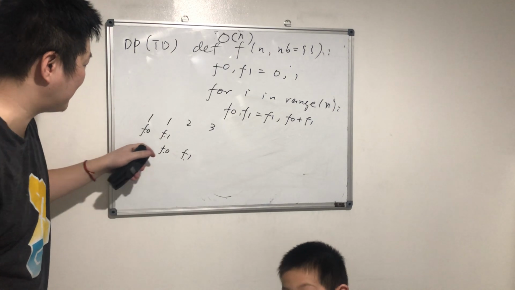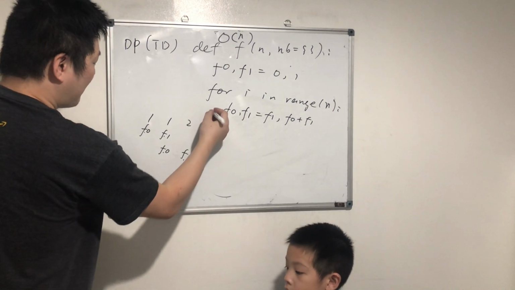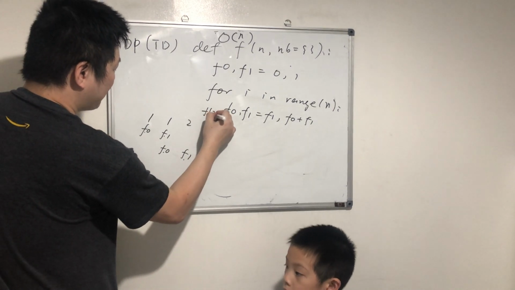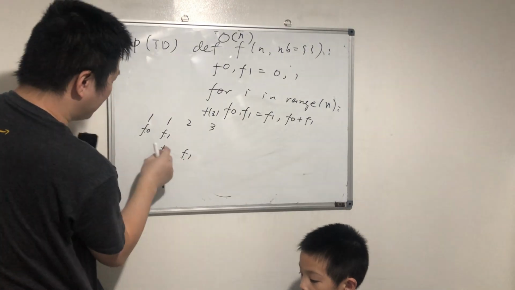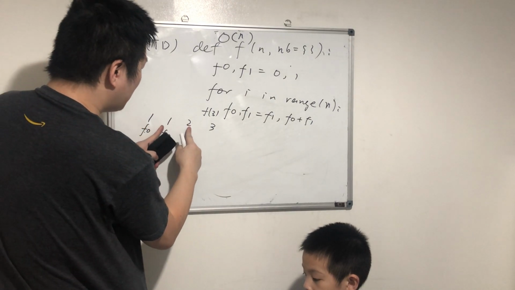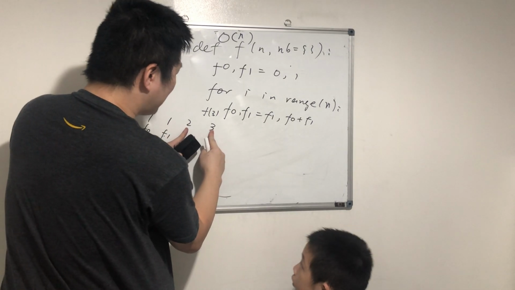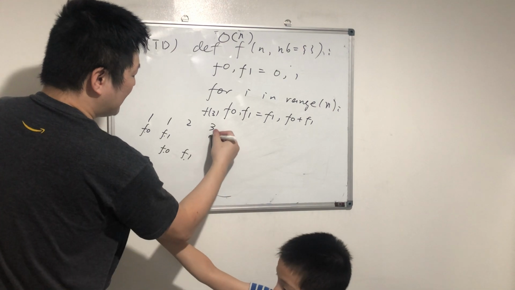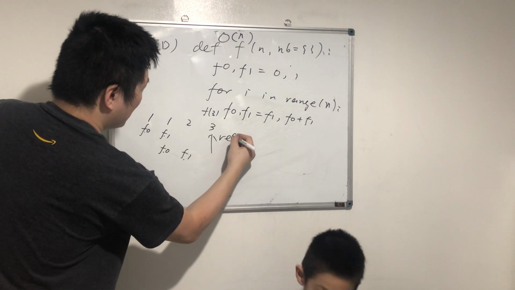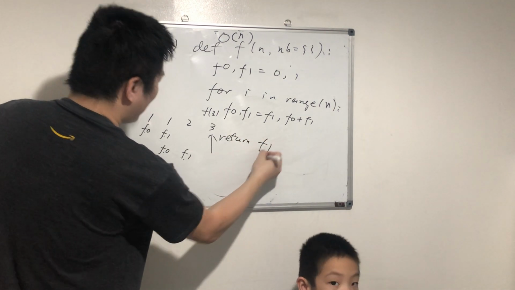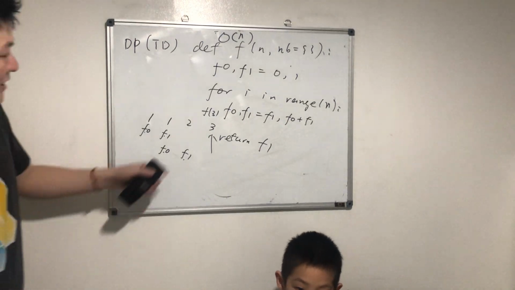After n iterations, if you want to calculate F3, it takes 3 iterations. So we just return this number, which is F1.